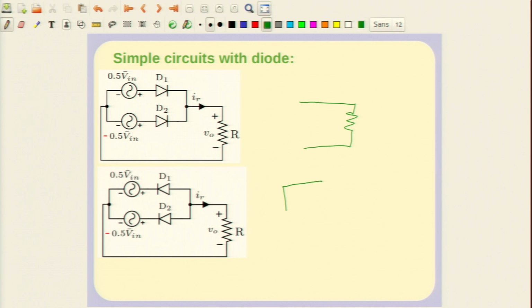So, R, and what I do here is I flip this circuit and have this like this and merge it with the circuit given above.